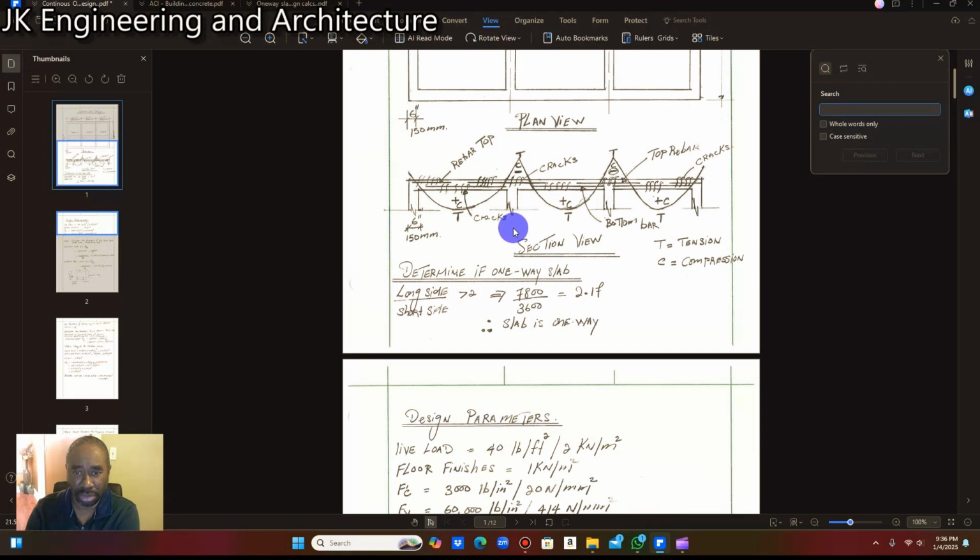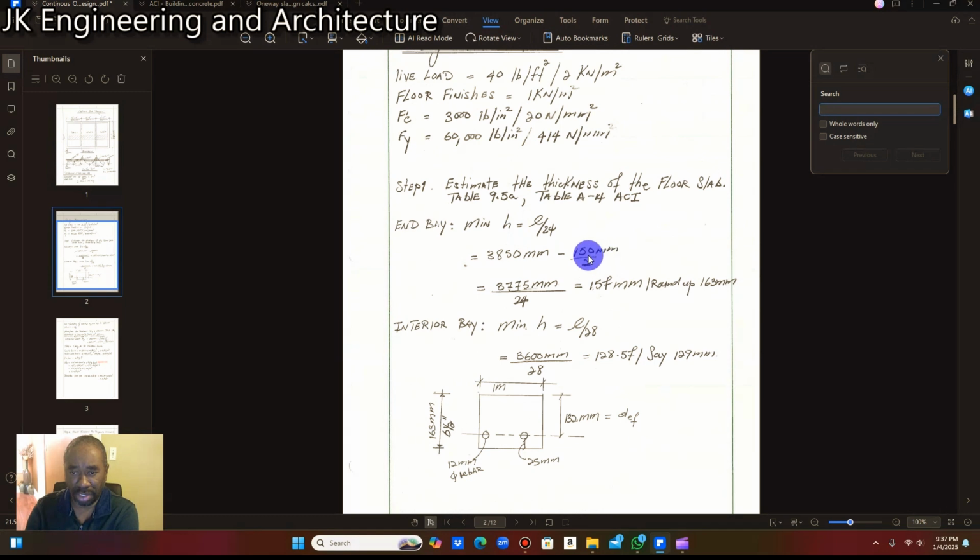That's where the 150 millimeter divided by 2 comes from, and that works out to be 3,775 millimeter divided by 24, and the result is 157 millimeter, and I round that up to 163 millimeter.